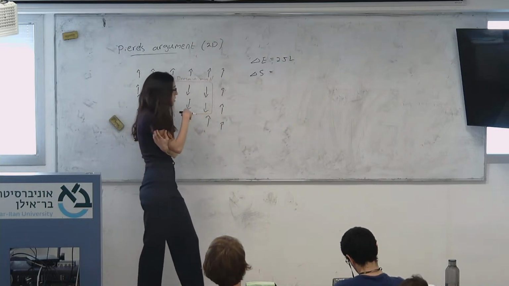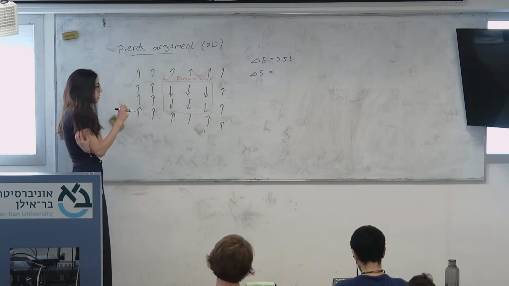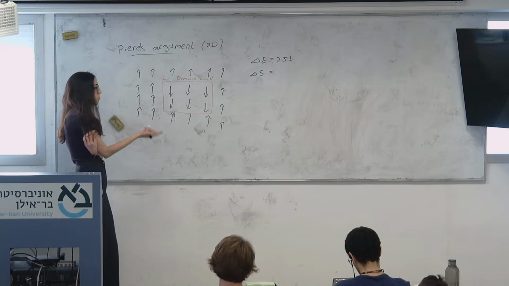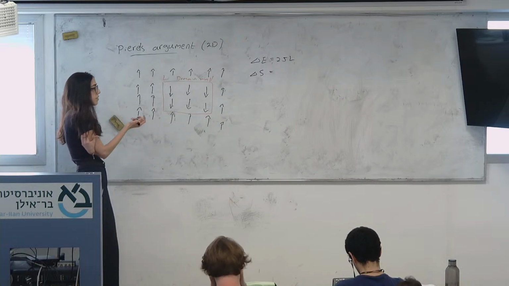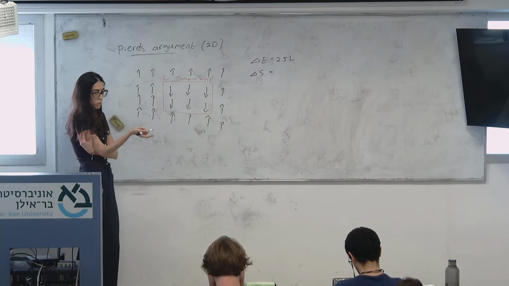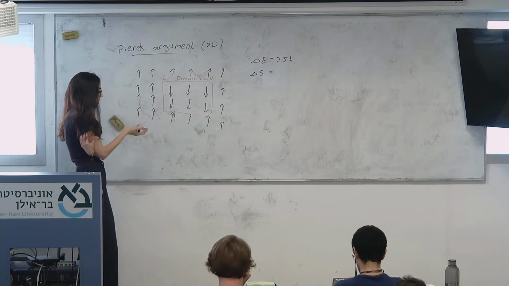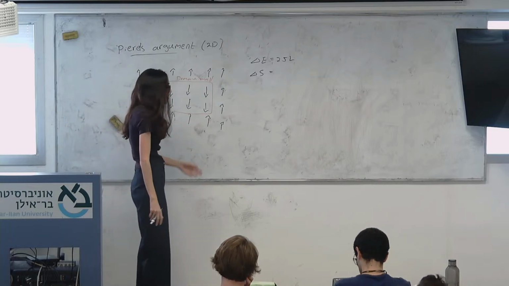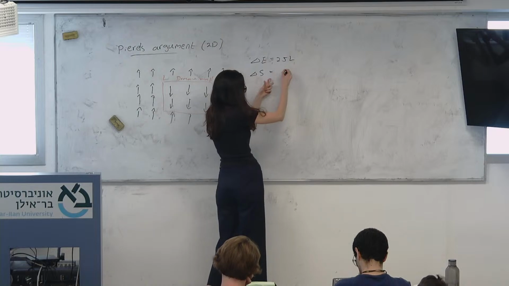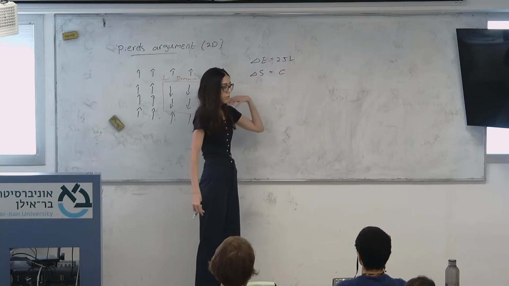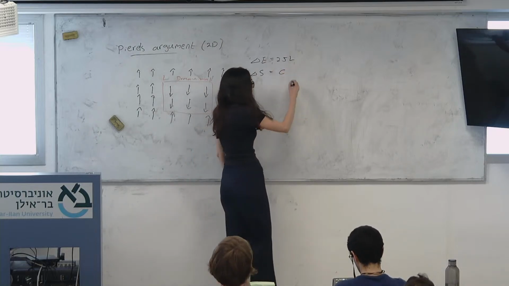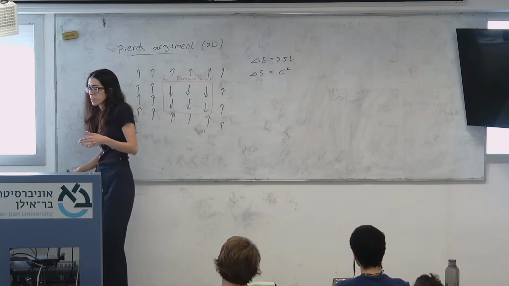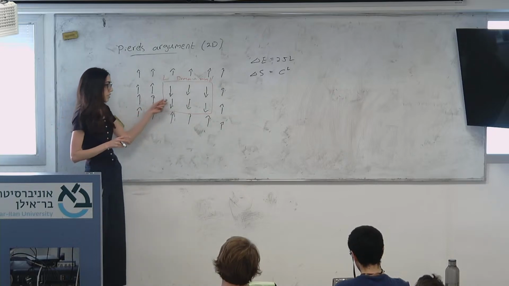Okay, so the difference in the entropy. We want to count all of the possible ways to create an L length domain wall. It's not super rigorous or intuitive, but this is going to be some number, I call it C, but you can call it whatever, to the power L. So it means that you have an exponential number of ways to create such a domain wall.